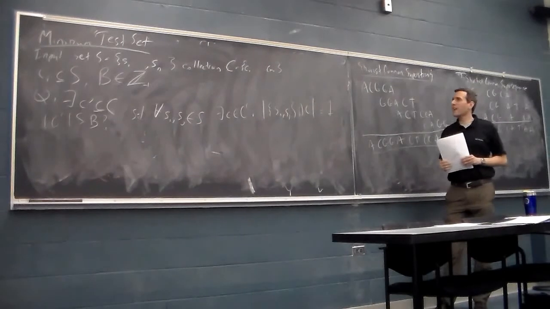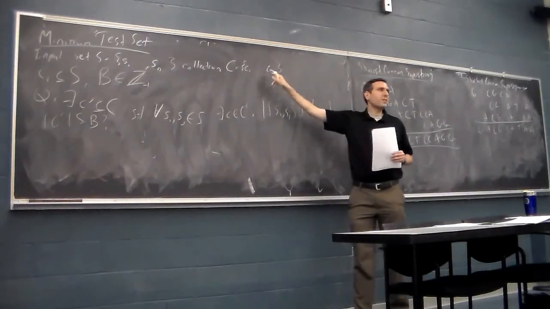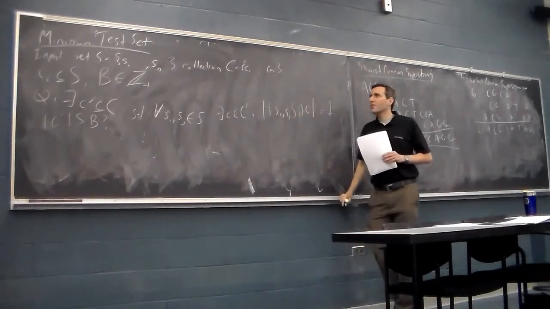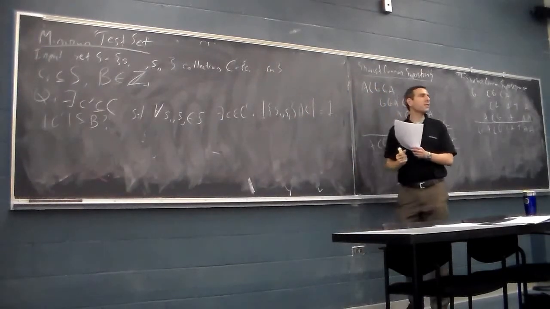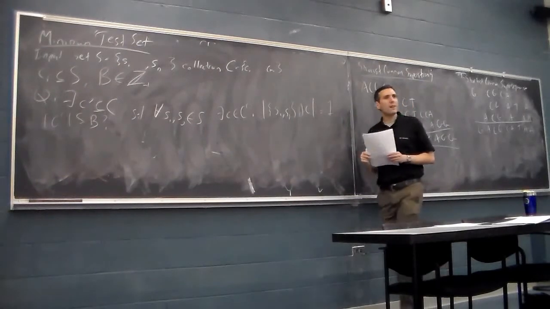But what this is really saying is: is there a subset of our collection, so a set of these Ci, such that for any pair of S's, we can find some set that contains just one of them.